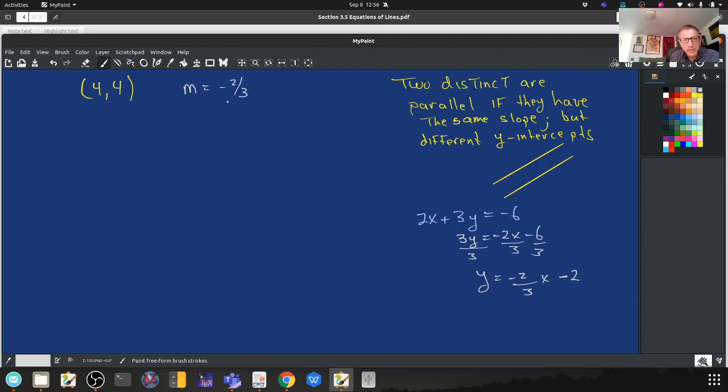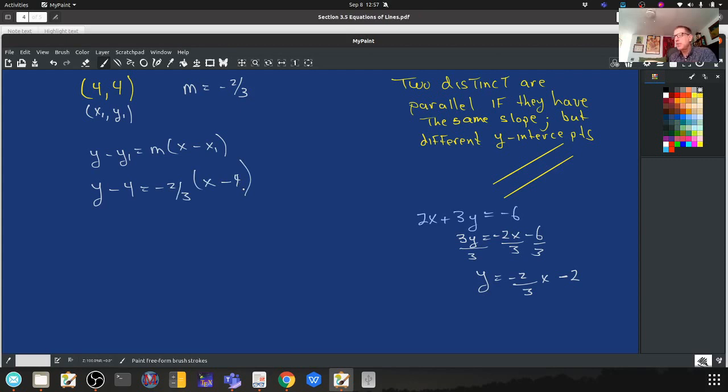So I have a point and I have a slope. Let's use the point slope formula. That'll be x1 and y1. So y minus y1 is equal to m times x minus x1. Well, y minus 4 is equal to minus 2/3 times x minus 4.